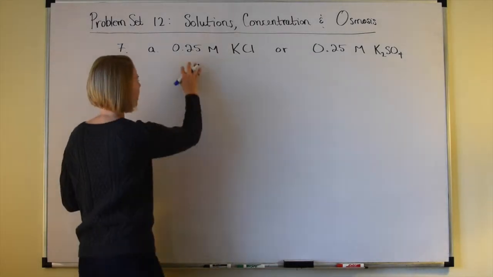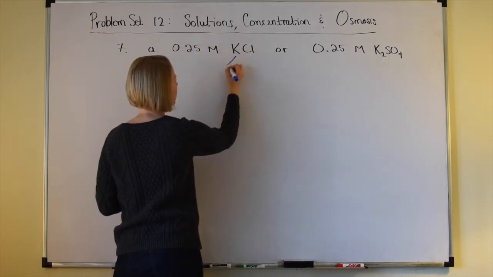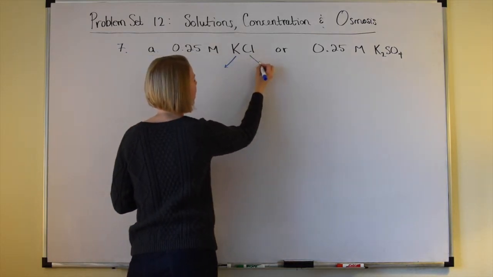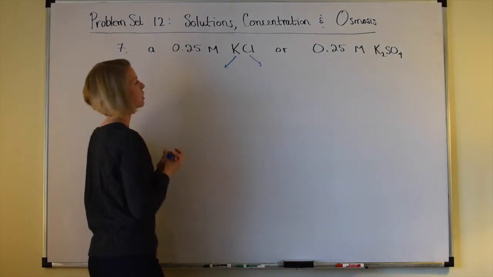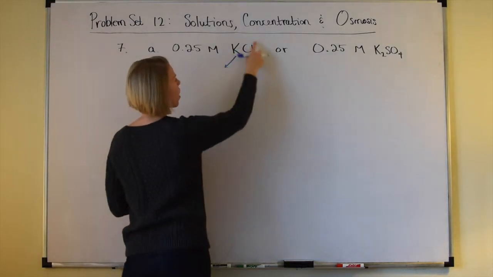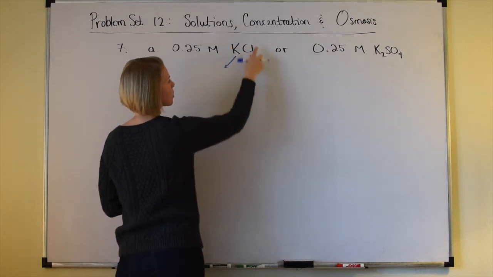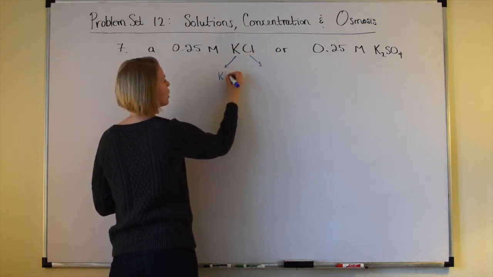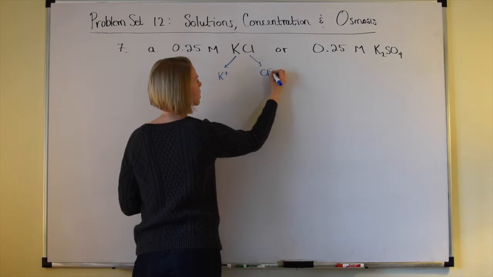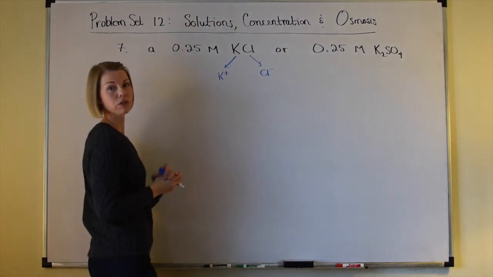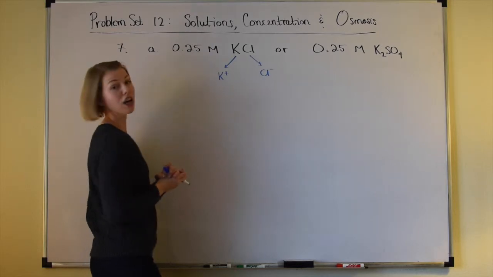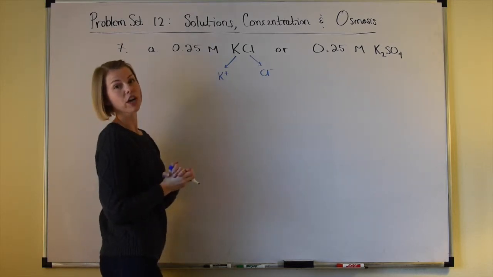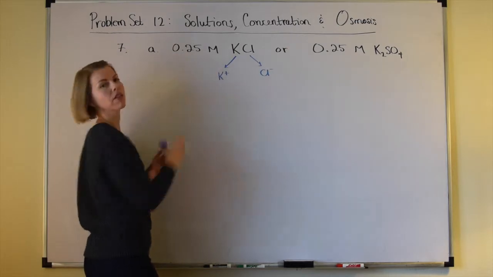So remember, osmolarity is the number of dissolved particles, and ionic compounds will dissociate. They will separate in solution. So for every 1 mole of potassium chloride, you're actually going to get 2 moles of dissolved particles. 1 mole of the cations, 1 mole of the anions. So the osmolarity of a potassium chloride solution is going to be double the molarity.